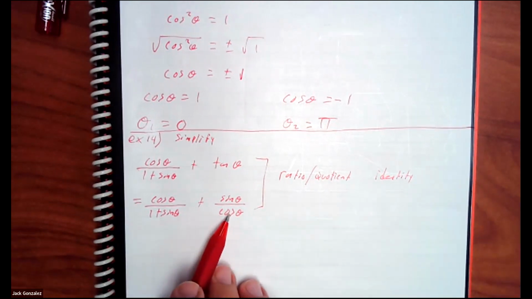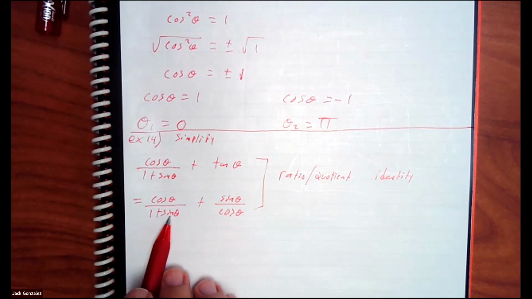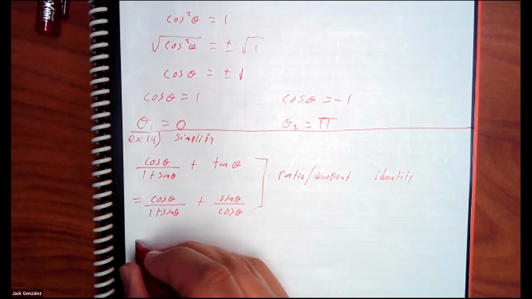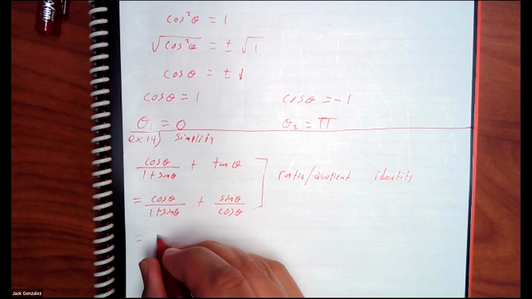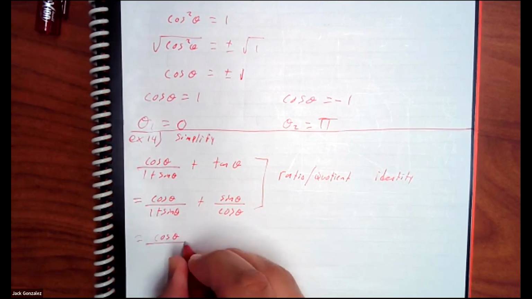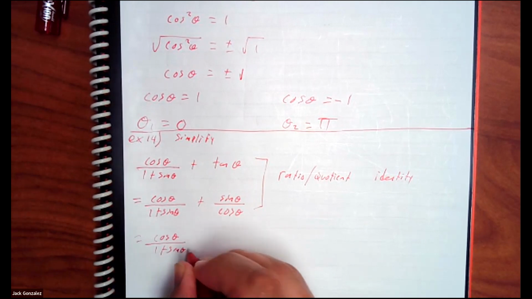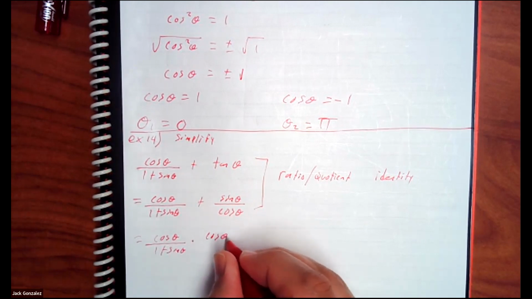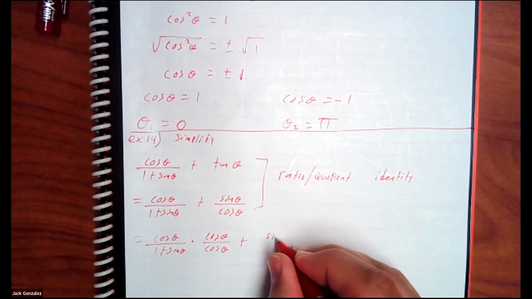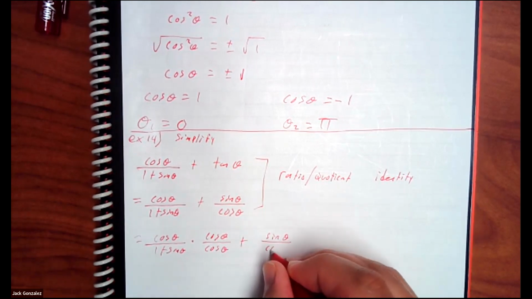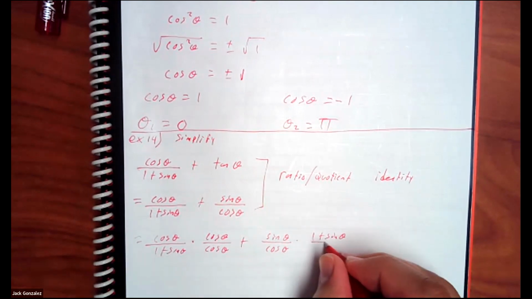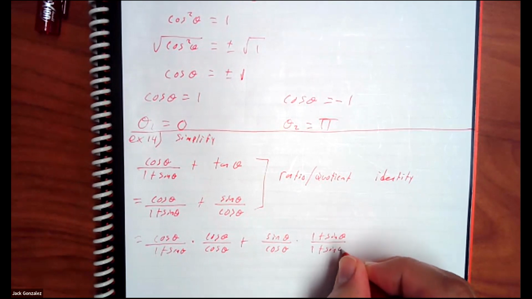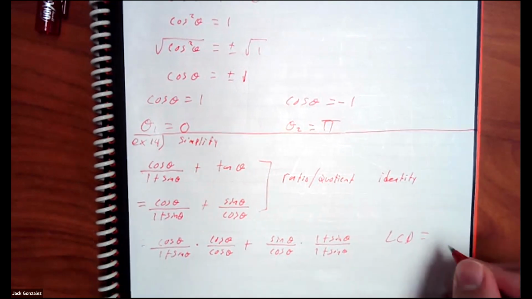So we have to add these guys. The LCD is going to be cosine times 1 plus sine. So this one needs a cosine, multiplied by cosine over cosine. Multiply this one by 1 plus sine, because of the LCD.